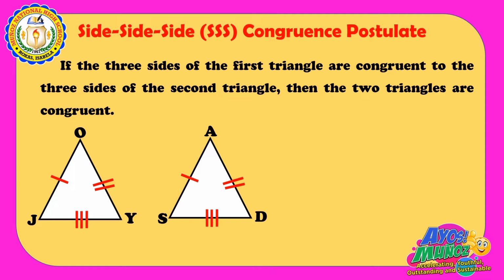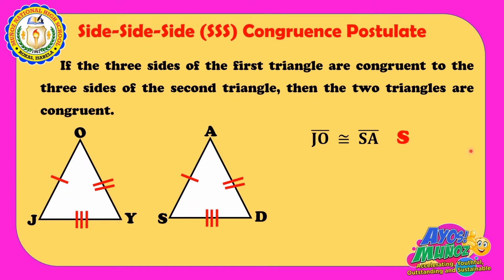Okay, so let us identify those corresponding sides of the congruent triangles. First, we have line JO, or line OJ, is congruent to line SA or line AS, since we have only one mark, or equal mark.